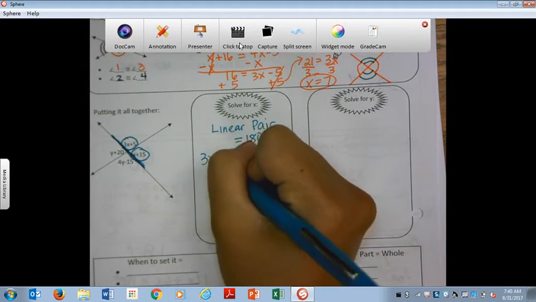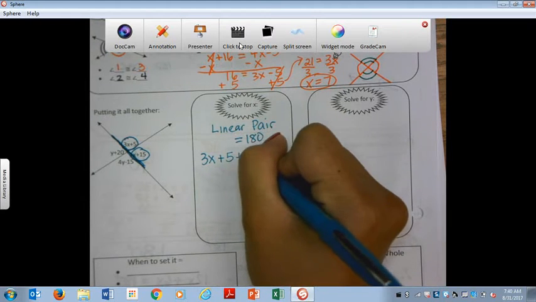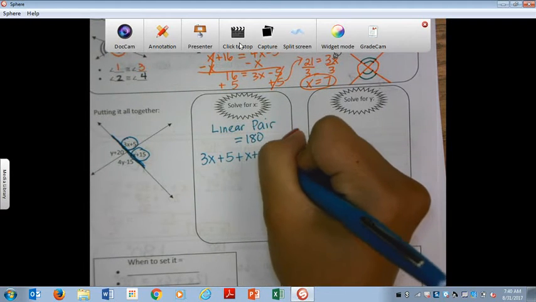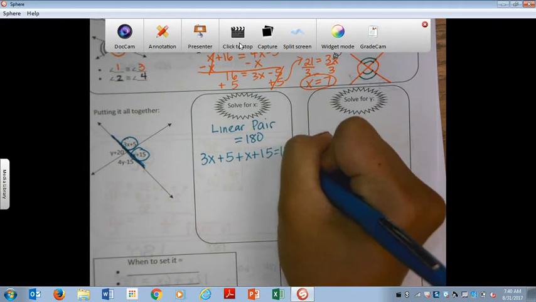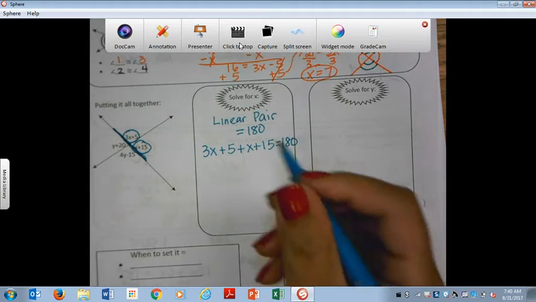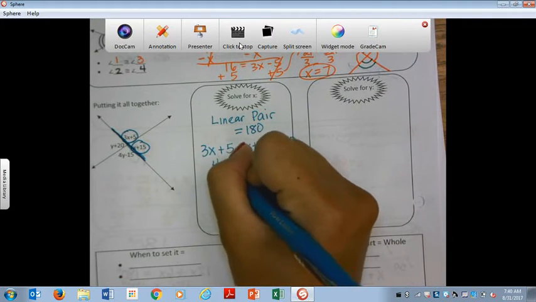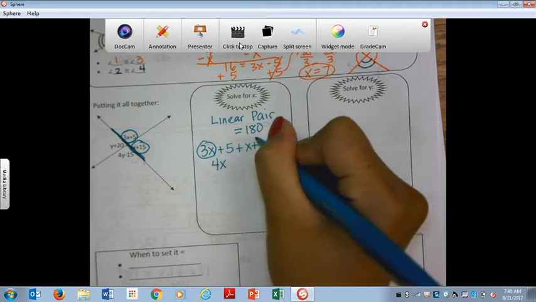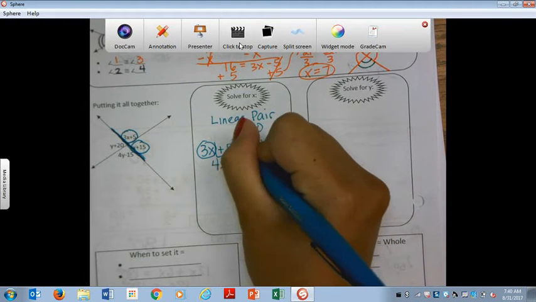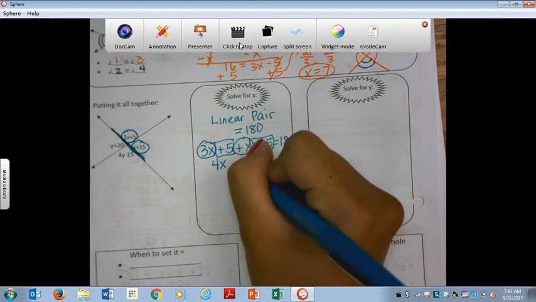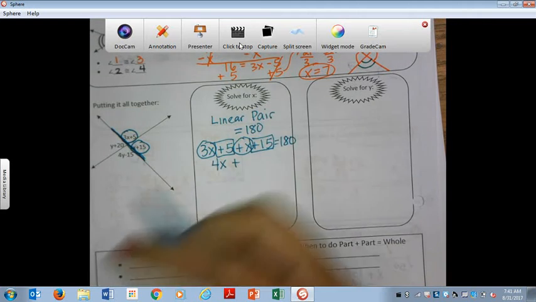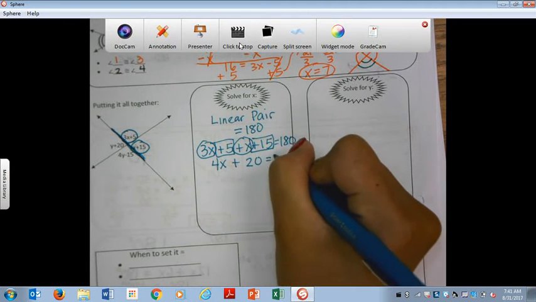3x plus 5 plus x plus 15 equals 180. So now we have to add like terms. 4x, because of that, and then these terms, plus 20 equal to 180.